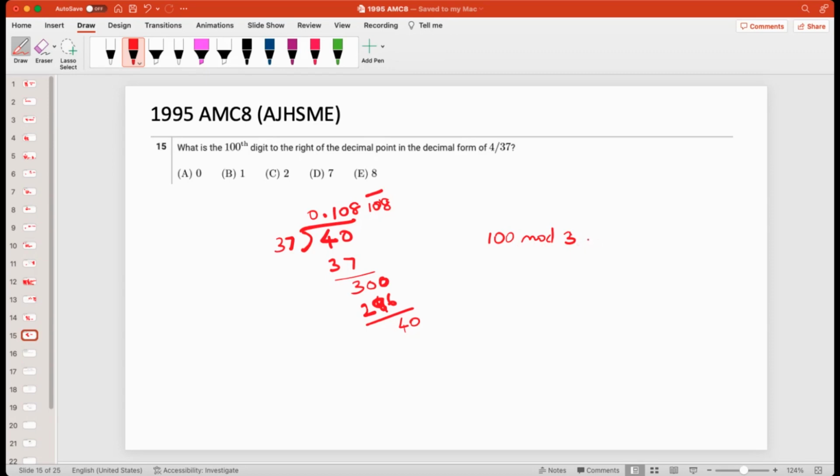That is going to be my answer for the modulus. So here it's 1, right? So in these 3 digits, it's the first one. So the answer is 1. Got it? Because it is 1 here, it is the first digit. And what is the first digit of 108? It's 1. So that's my answer. Answer option B.